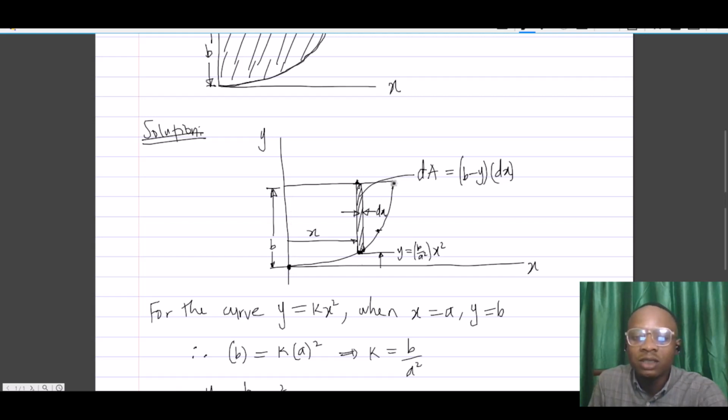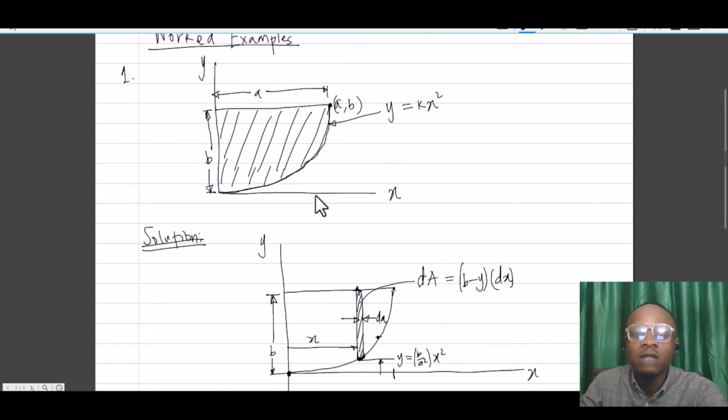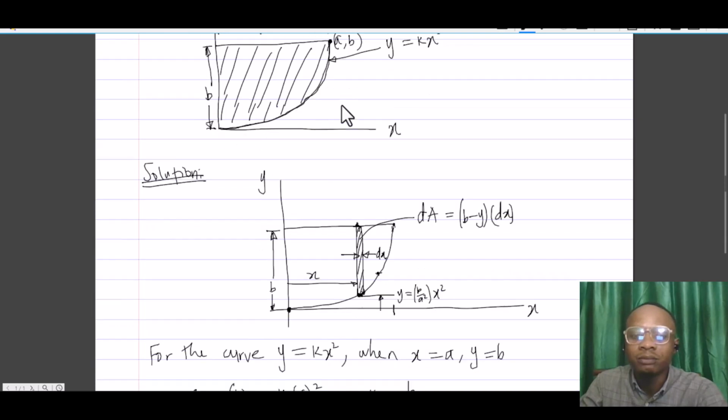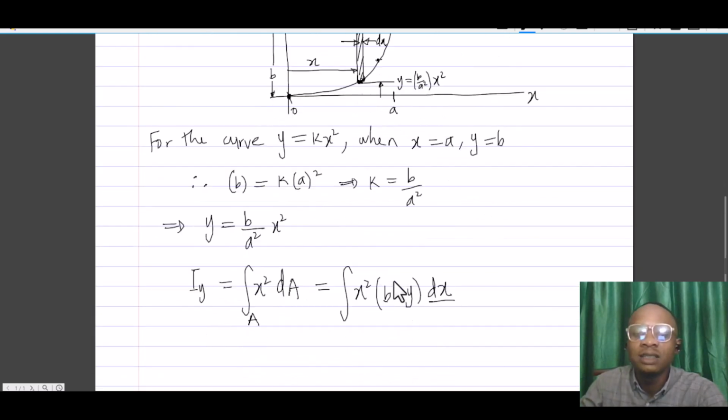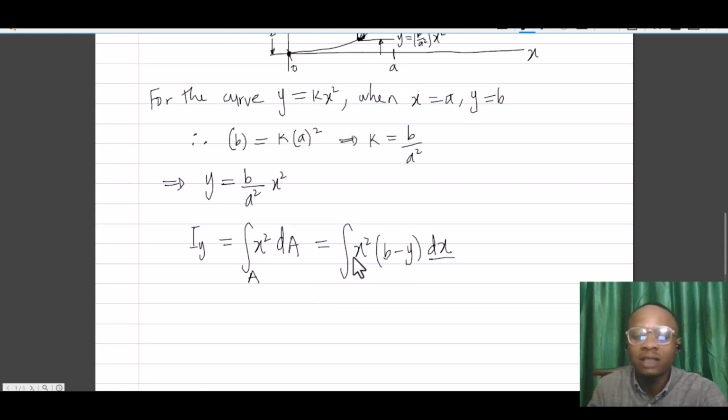At the other extreme, the largest coordinate you can have, the x coordinate is the distance from this point to this point, which is given in the question as a. So x varies between 0 and a. So if we integrate with respect to x over the entire area, x must go from 0 to a. So that's the idea.